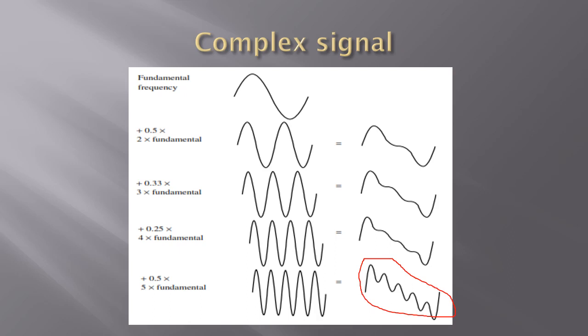And if we decompose this signal, then we will find the individual components, which are these. It consists of a fundamental frequency, and signals with twice as high as the fundamental frequency, 3 times higher, 4 times higher, and 5 times higher.